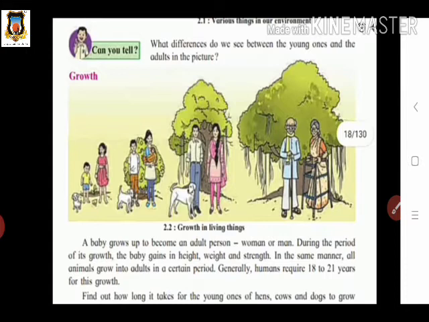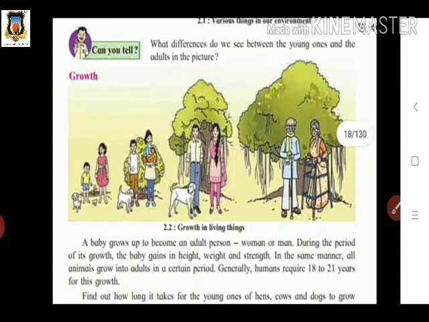These differences we see between the young ones, the small puppy, the chicks, the small crop, and the adult ones, in height and size.